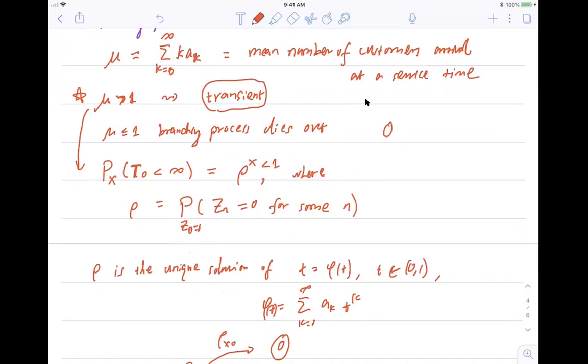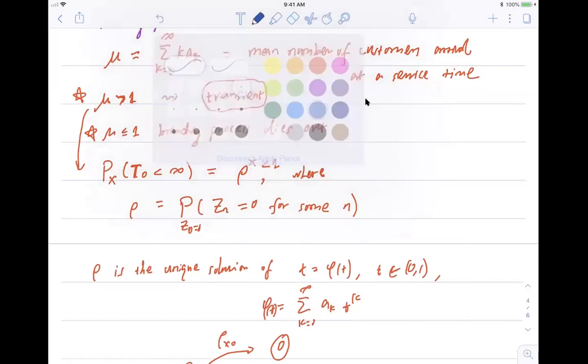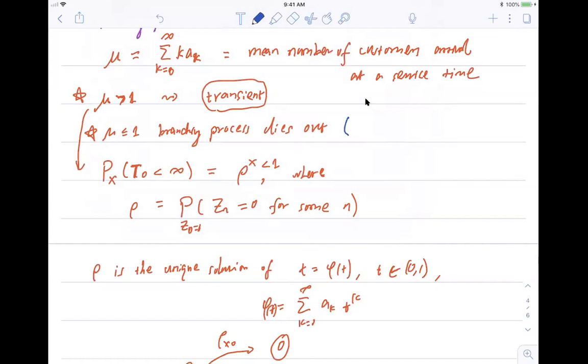But for the other case, why is it recurrent? We need to say a little bit more. Why is this recurrent?